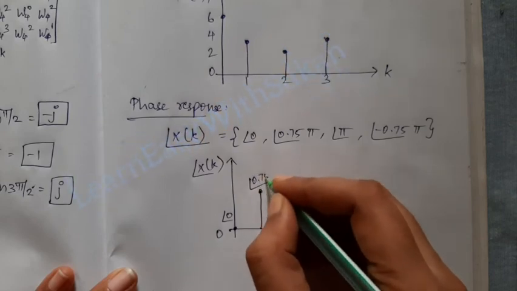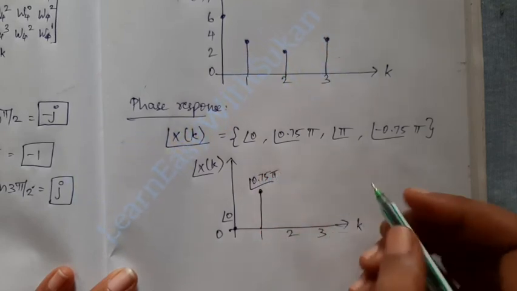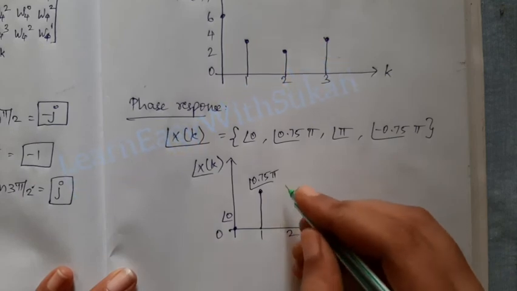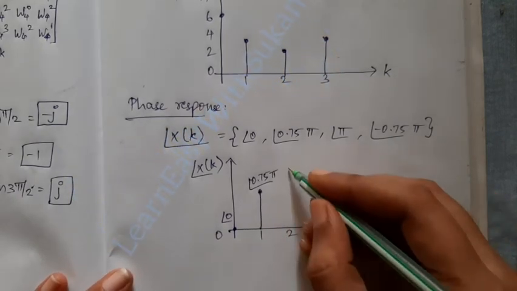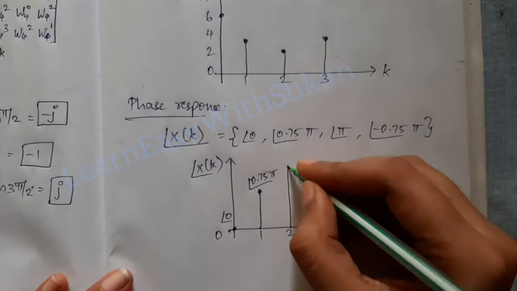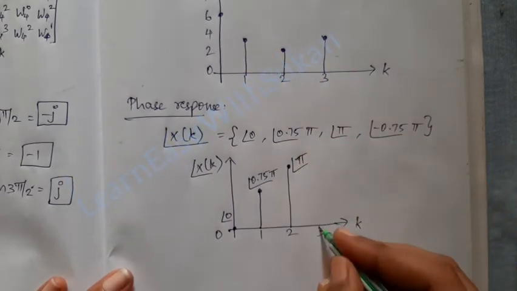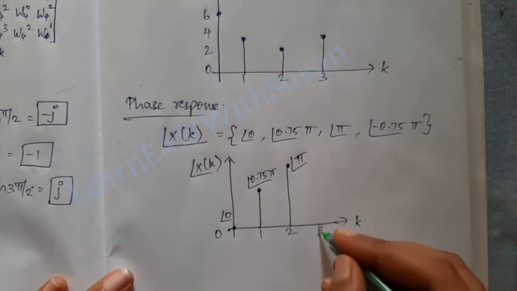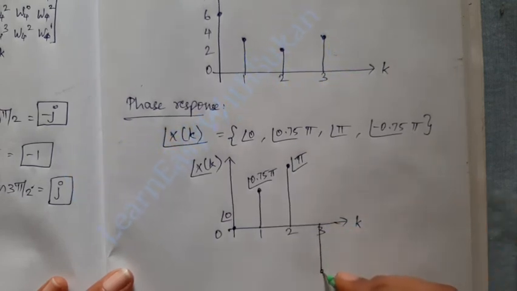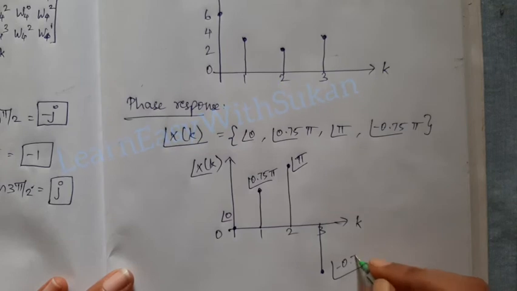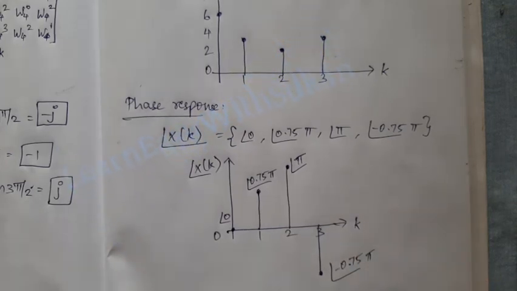The thing is you should denote it somewhere. So if this is 0.75 pi, so this is pi, and here we have got minus, right? For minus I am getting it down. So this is my minus 0.75 pi. So this is the phase and the magnitude response.